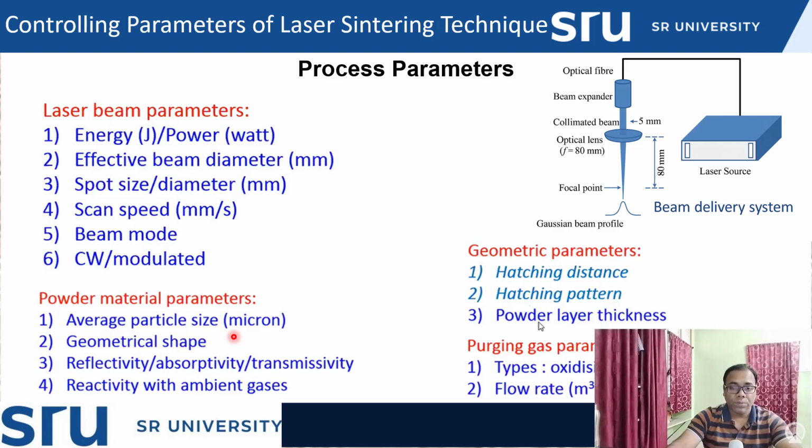That's why the geometrical shape of the powder, similarly reflectivity, absorbivity and transmittivity. As we know, laser is a light source, so sometimes the light energy will be reflected by different materials. Different materials may behave differently as per these properties: what is the reflectivity, what is the absorbivity, similarly the transmittivity.